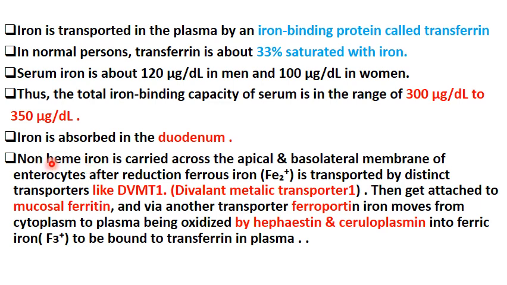Non-heme iron, because the heme iron is a constituent of the hemoglobin, while non-heme iron is carried into the apical and basolateral membrane of the enterocyte after it is reduced to ferrous iron, which is transported by a transporter called DMT1.